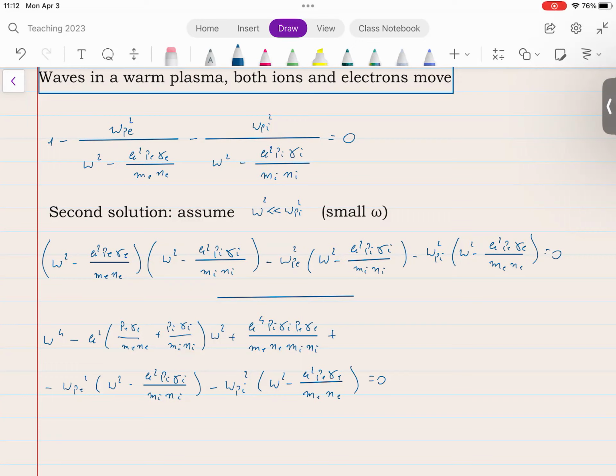Sorry, I didn't keep up with myself writing terms, and I lost some pieces. Okay, then what you have to do here, which I'm not going to do in detail, is evaluate the size of each term and only keep the bigger ones. And it's obvious that one thing that you're going to throw away is omega to the 4th. Well, I hope it's obvious.